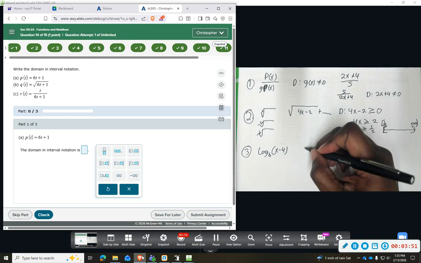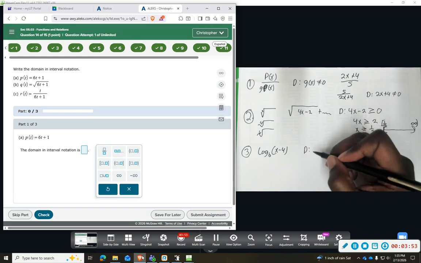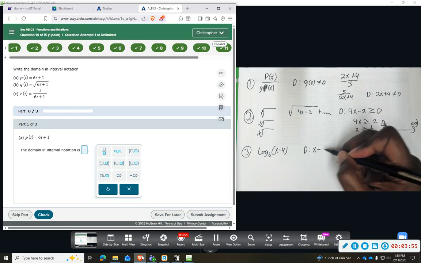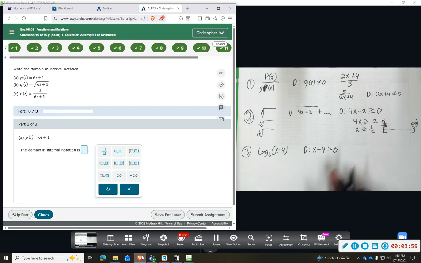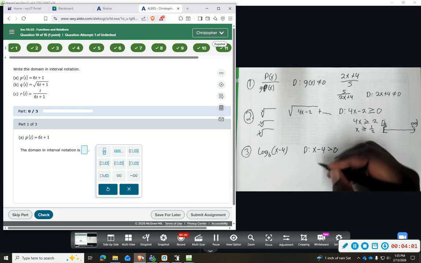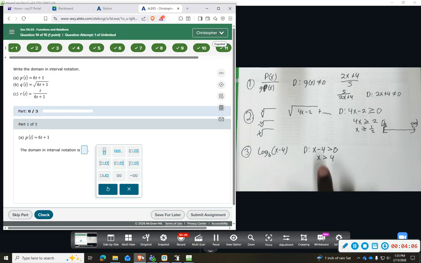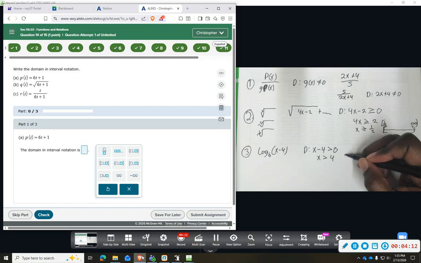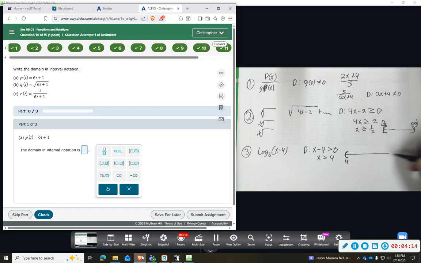So your domain is going to be whatever values, when we plug in, make this expression positive, greater than 0. In this case, if I add 4, my domain is x has to be greater than 4. Now, when it's strictly greater than, you will use parentheses. So if I did a number line, let's say that this is 4, it would be a parenthesis, and it would go all the way to infinity. So our domain in this case would be 4 to infinity.